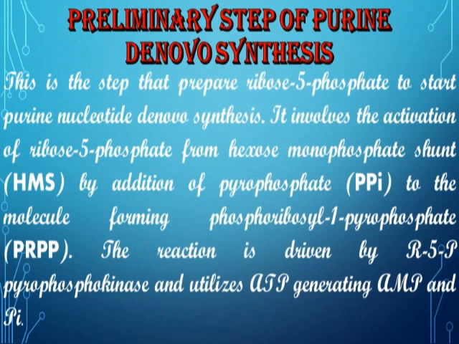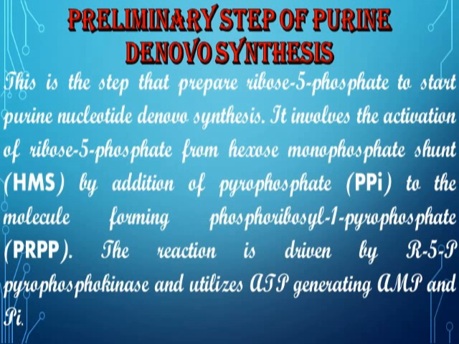Now, the preliminary phase or preliminary step of purine de novo synthesis. This is the step that prepares ribose 5-phosphate to start purine nucleotide de novo synthesis. It involves the activation of ribose 5-phosphate from the hexose monophosphate shunt, HMS, by addition of a pyrophosphate group, PPi, to form a molecule called phosphoribosyl 1-pyrophosphate, PRPP.